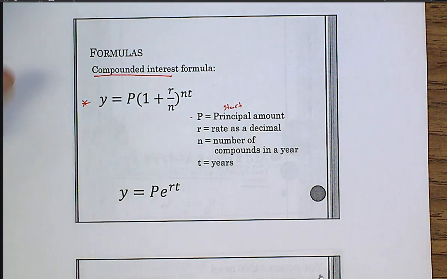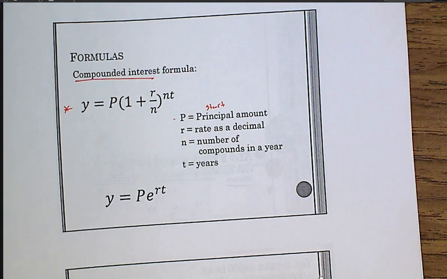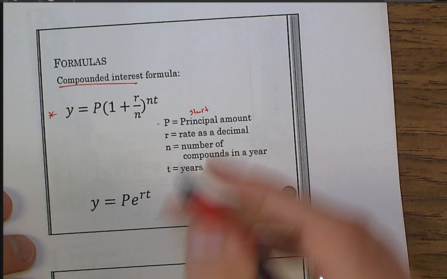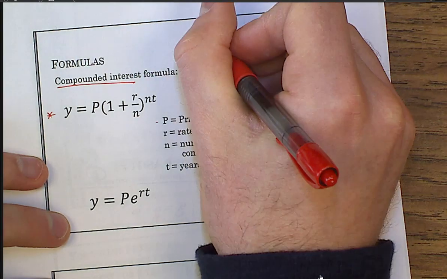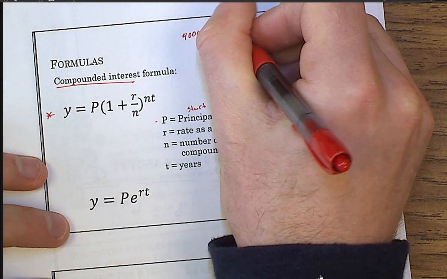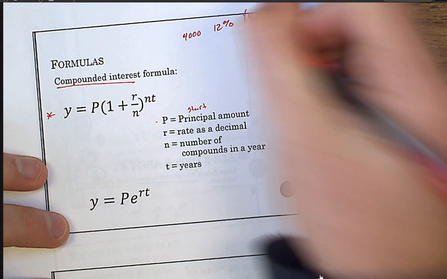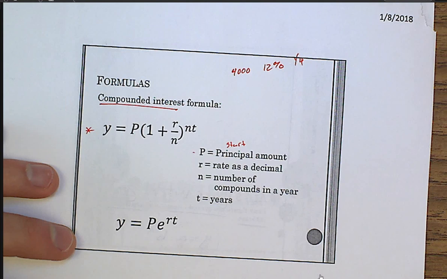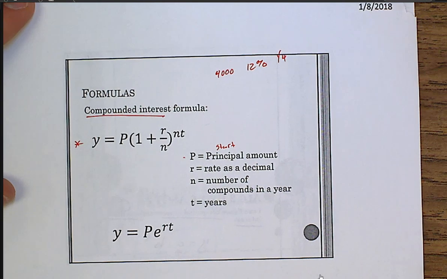So let's take one of these situations. Let's take the compounded quarterly. We got our $4,000. It's at 12%, and it's quarterly. Let's plug that into this formula, and you'll see that it's the exact same thing we did.